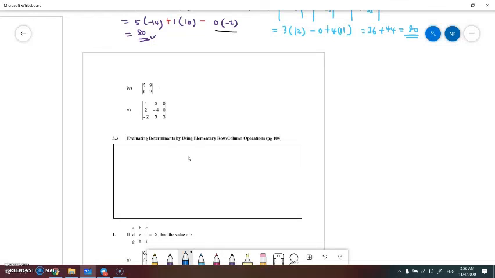So for a triangular matrix, you just have to multiply the diagonal elements. So for this one, you will have 5 times 2, so the determinant is 10. And then you have a lower triangular matrix. So these are the diagonal elements. So you just multiply. So the determinant is negative 12.